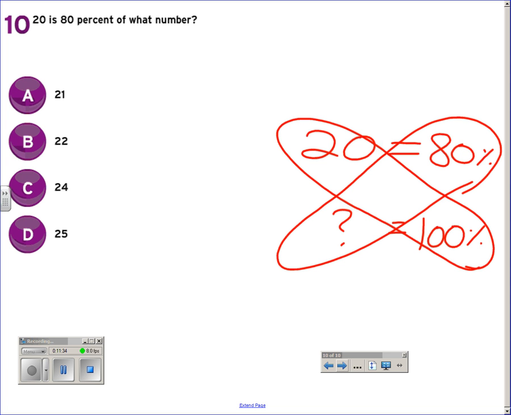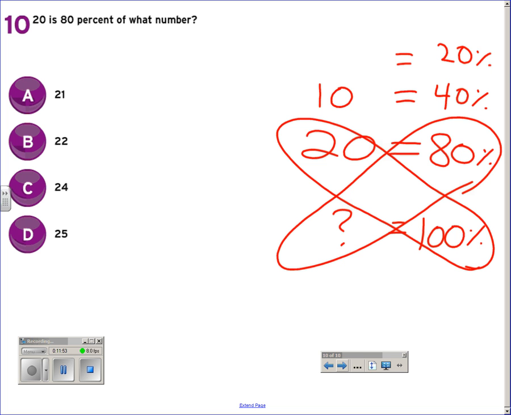Okay. Maybe you don't want to divide. You know that 20 is 80%. That means you also know what 40% is. 40% is half of 80%, so half of 20 is 10. Half of 40% is 20%.